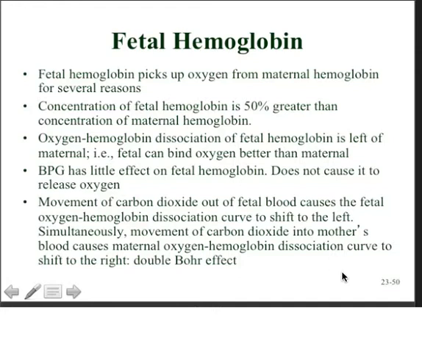Simultaneously, movement of CO2 into the mother's blood causes the maternal oxygen hemoglobin curve to shift to the right as a result, again, of the Bohr effect, which is the action of the dropping of the pH on the affinity of adult hemoglobin for its oxygen.